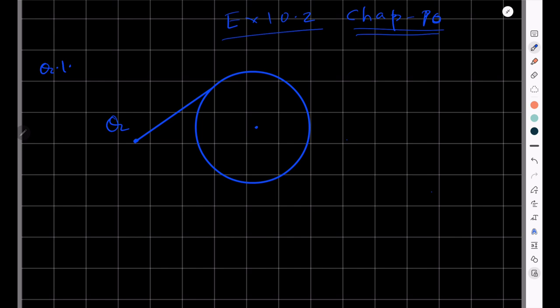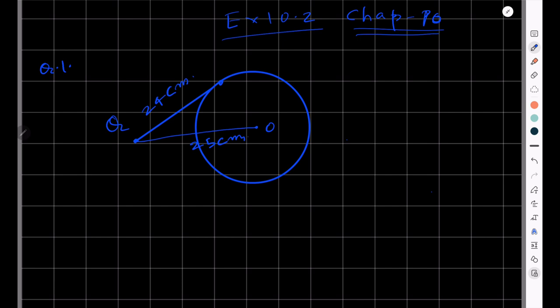The length of the tangent to the circle is 24, so this is 24 centimeter. And the distance of Q from the center is 25. Let us assume the center is represented by O. So this is 25 centimeter.